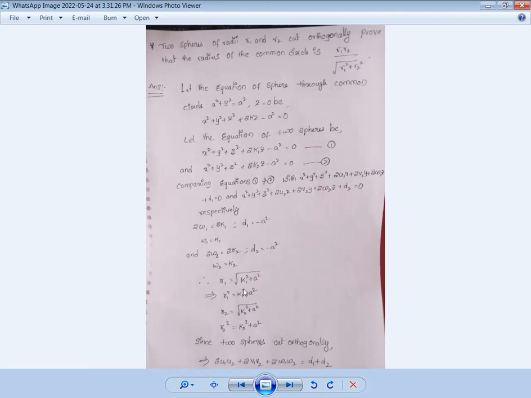Squaring on both sides, r1 square is equal to k1 square plus a square. Next, what is r2? Similarly for the second equation, r2 is equal to square root of k2 square plus a square, squaring on both sides, r2 square is equal to k2 square plus a square.